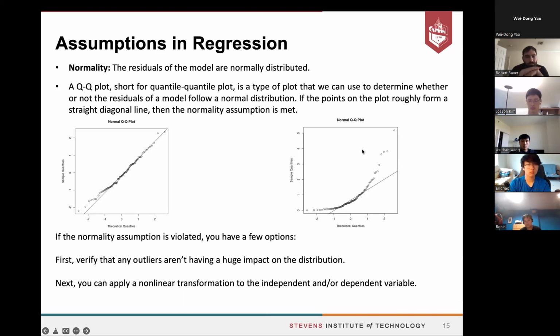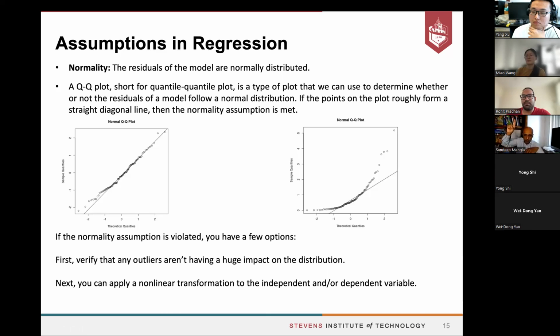Big picture, when we're talking about residuals and normal distribution of residuals, let's say we have all this really good data that predicts the model, with a linear relationship, an exponential relationship, or something more complicated.